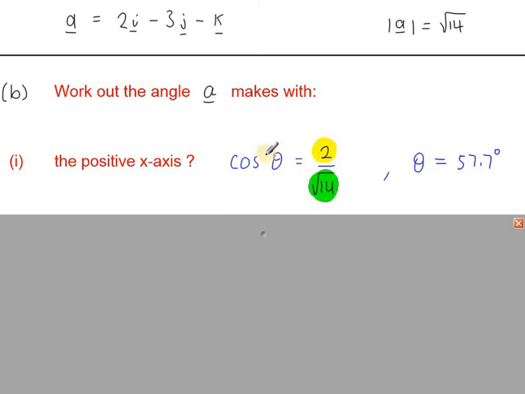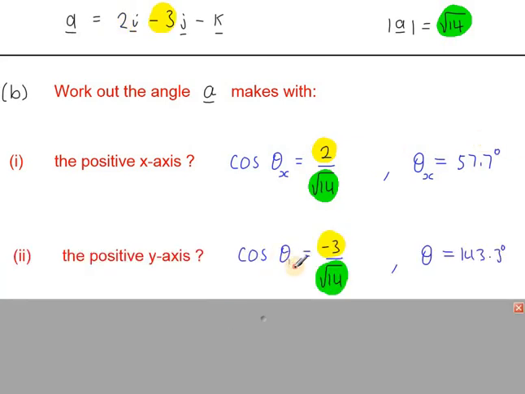So cos theta is equal to the x component here divided by the magnitude of the vector, root 14, and that will give me the angle it makes with the x-axis. So the angle with the x-axis, if you do cos inverse of this ratio, is 57.7 degrees.